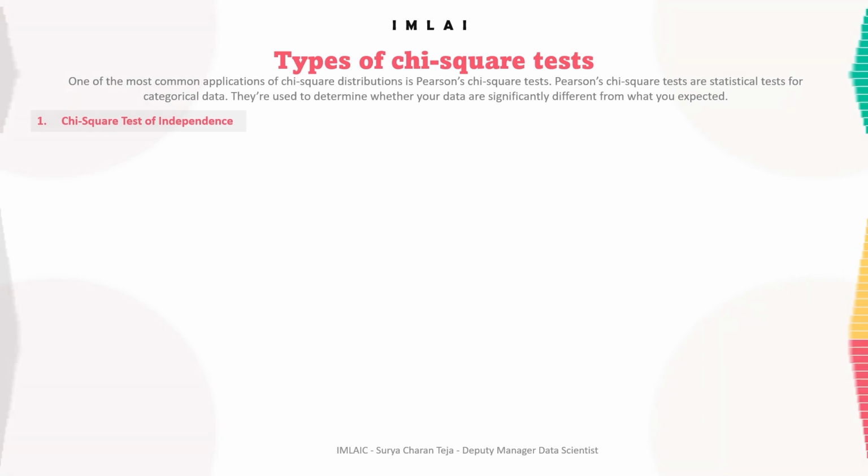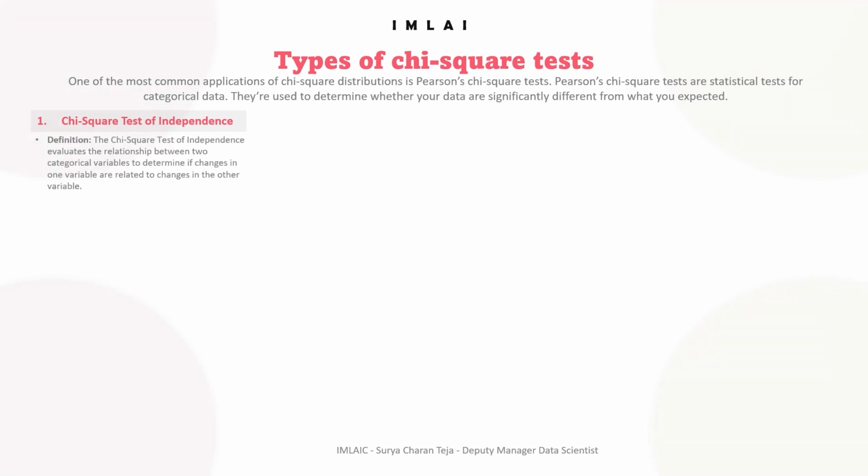So how do we define the chi-square test of independence? It evaluates the relationship between two categorical variables to determine if changes in one variable are related to changes in the other variable.